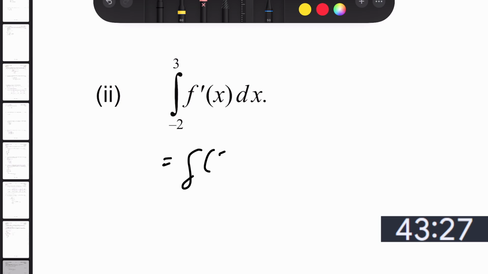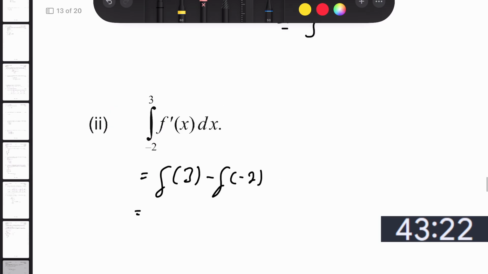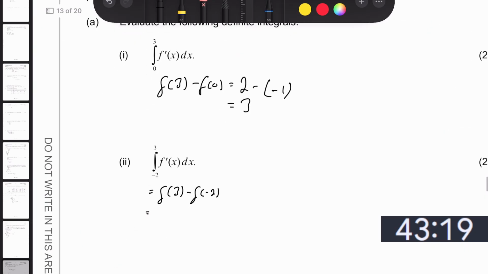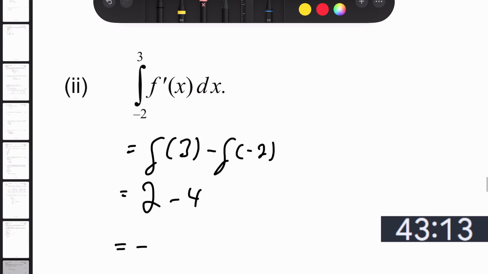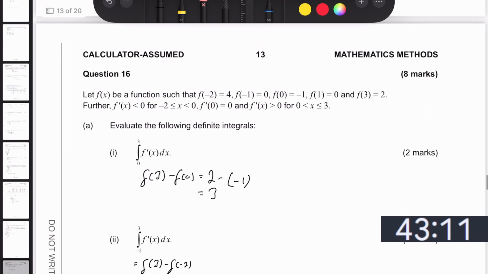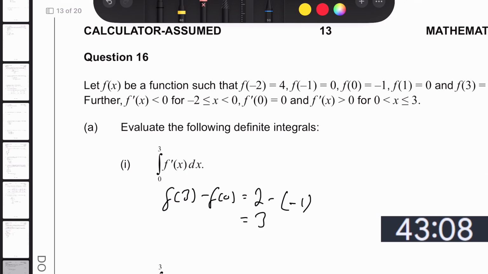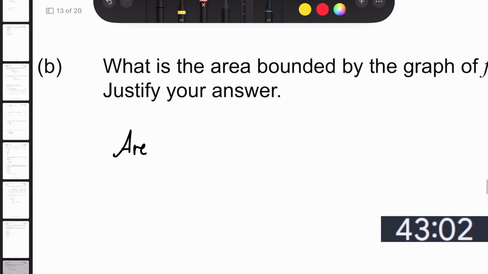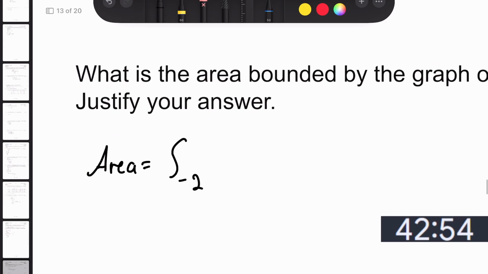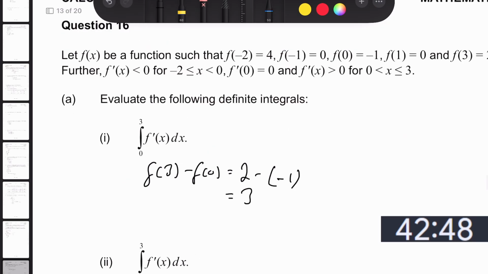It's for the next one that I have to take into account that it's lower, less than 0. F of 3 is 2. F of negative 2 is 4. So it's equal to, no, because that bit is the bit that's less than 0.